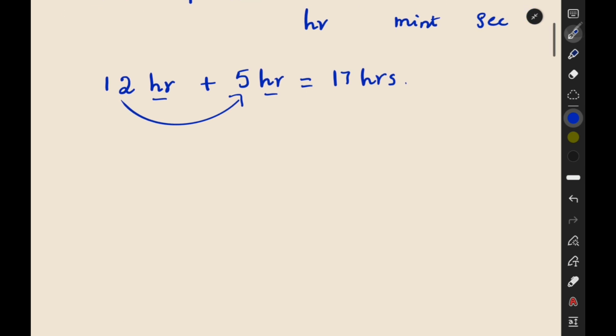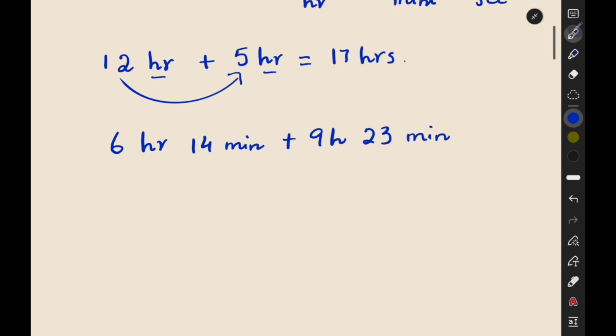The next example is 6 hours and 14 minutes. We add them with 9 hours 23 minutes. So here you see that we have two units, hours and minutes.